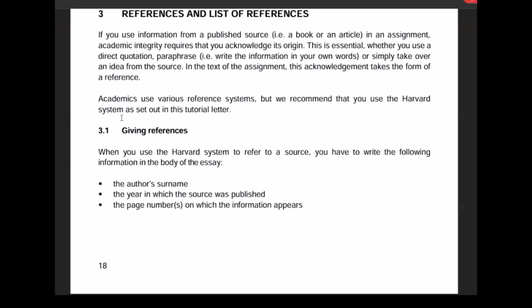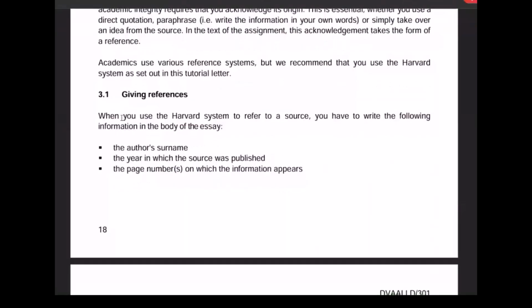So giving references. When you use the Harvard system to refer to a source, you have to write the following information in the body of the essay. The author's surname, right? So if your source is Danisa Muhlanga and that journal was written in 2024, you can't say, according to Danisa 2024, page 13.